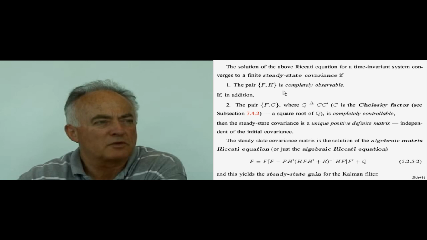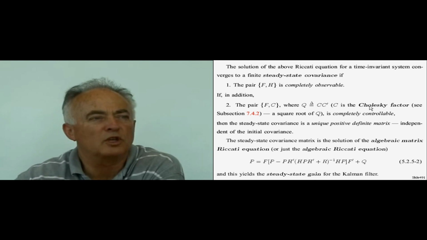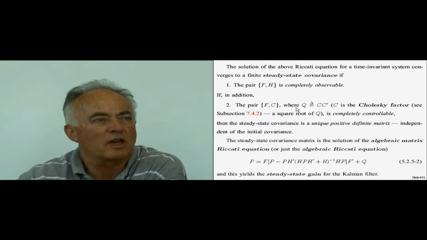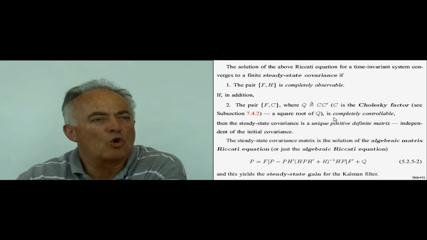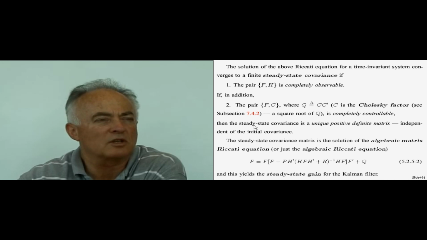If the pair (F,C), decomposing Q into CC', where C is a Cholesky factor, like a square root of Q, so F and the square root of Q in the Cholesky factorization sense is completely controllable, then the steady state covariance is unique and positive definite.